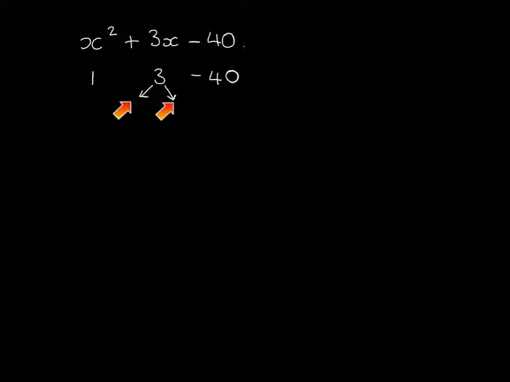So these two numbers I'm breaking 3 up into also multiply to minus 40. Now if two numbers multiply to a negative, one must be negative. So that's like saying 1 take away the other gives you 3. Here are my two ratios, 1 to something and something to minus 40.